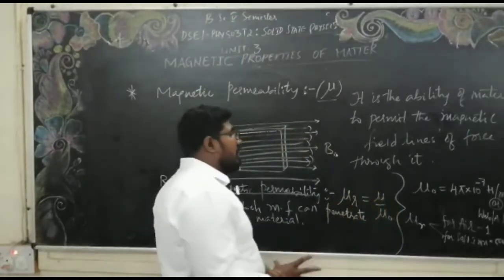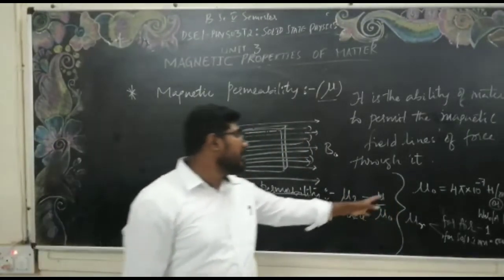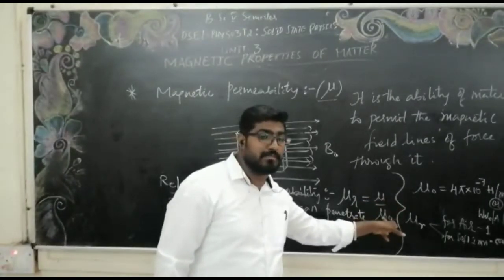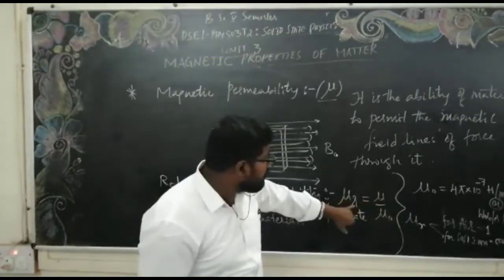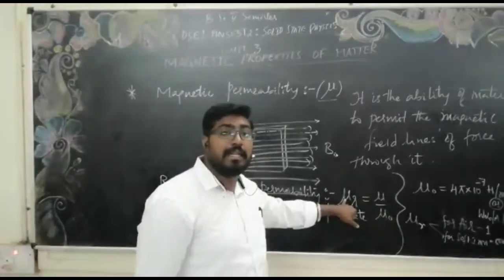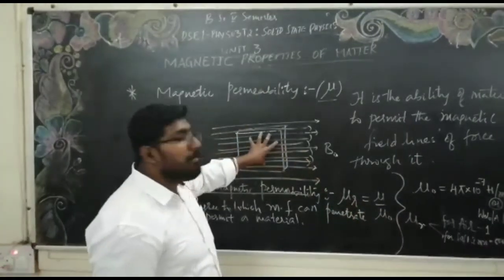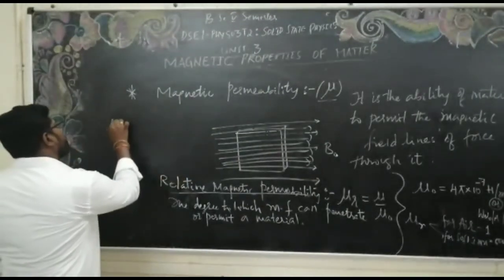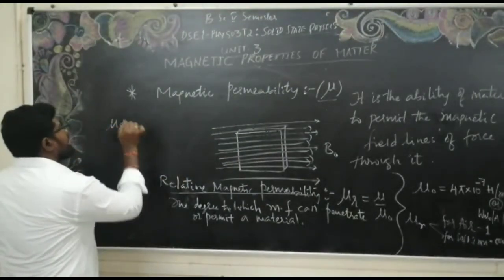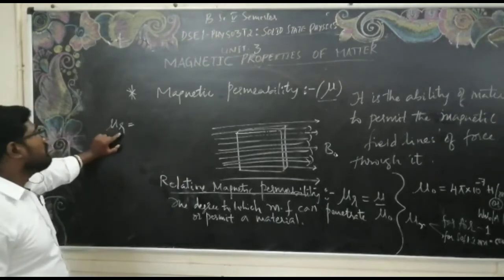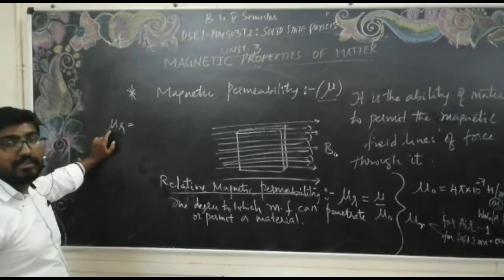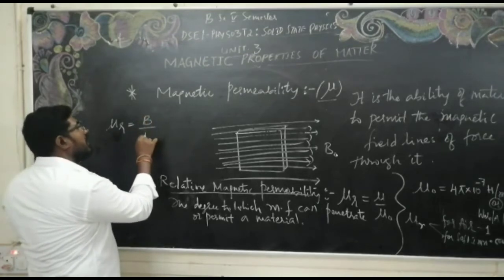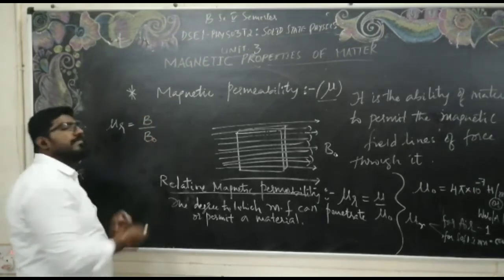This is in terms of the magnetic permeability of the material to the magnetic permeability of free space. If I talk about the relative permeability of the material in terms of the magnetic field, it is B by B naught.